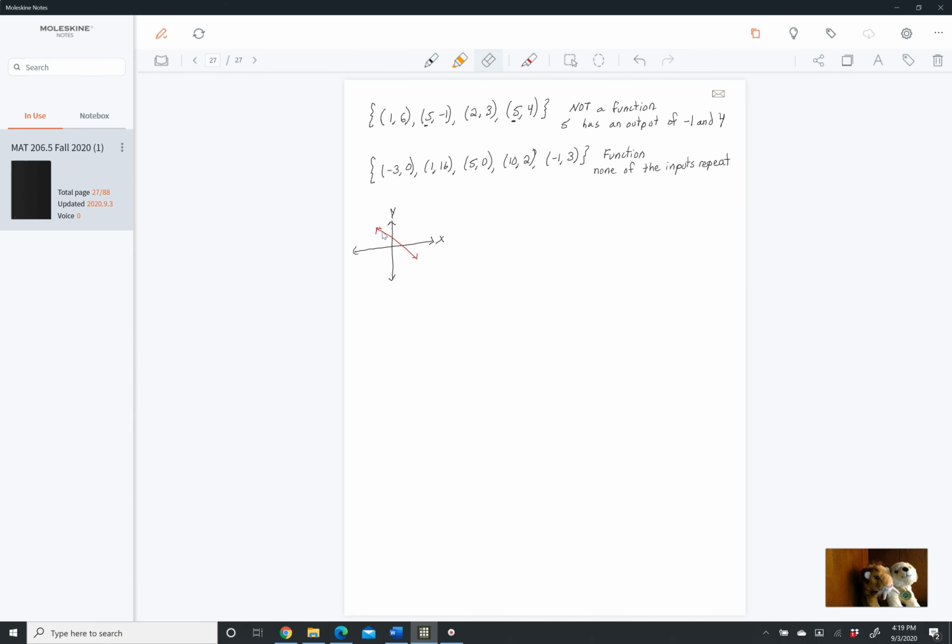I only hit the graph one time. These have arrows, but you could kind of tell that even if I'm all the way out here on the axis, if I went down to try and reach the graph, because this graph, if we continue it, is going to be somewhere down here, I'm actually going to only hit the graph one time, okay? So this would be an example of a function.